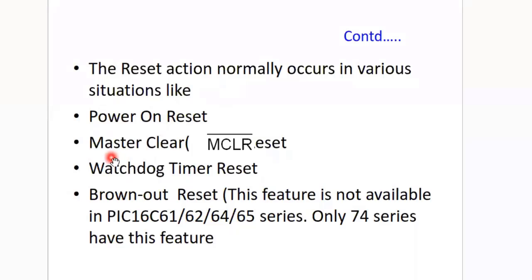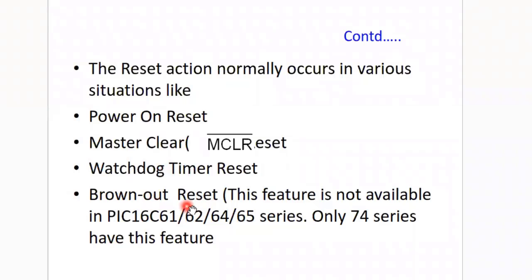The second one is master clear reset, which is the other type of reset available. And the next ones are watchdog timer reset and brownout reset. We have seen the watchdog timer reset and brownout reset already in the previous classes.